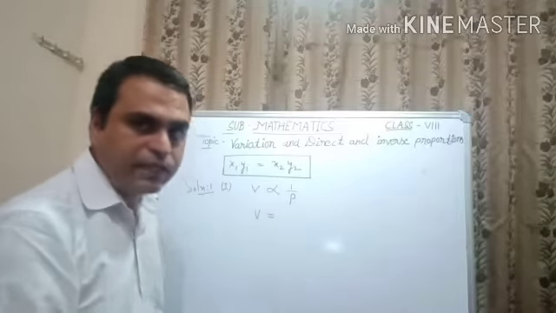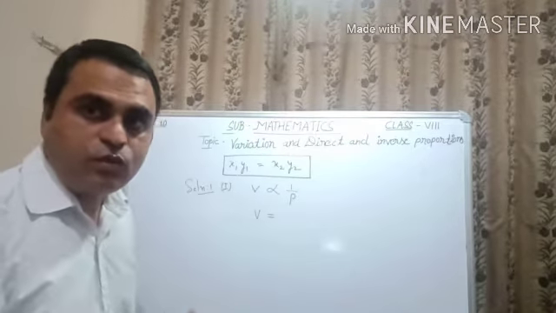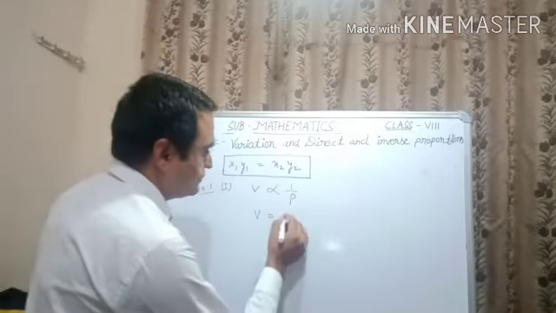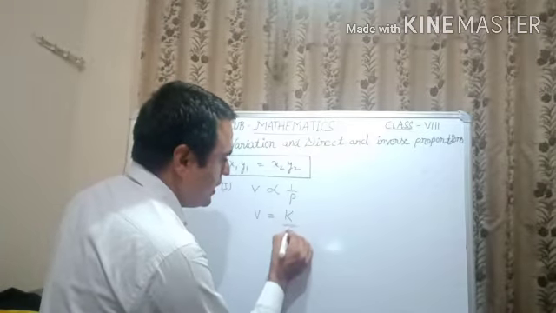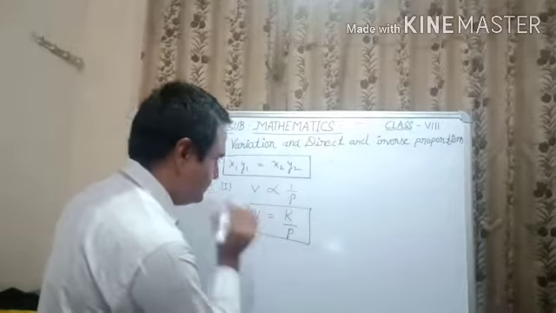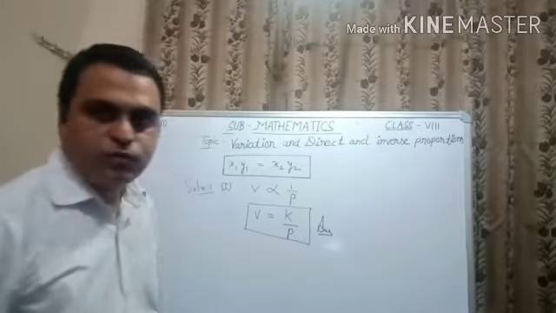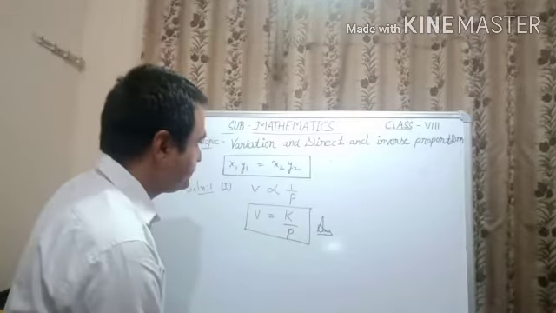Now we multiply by a constant value. In the question, the constant of variation is k. Now the answer is V equals k upon P. This is the answer. Now we move to our next question.